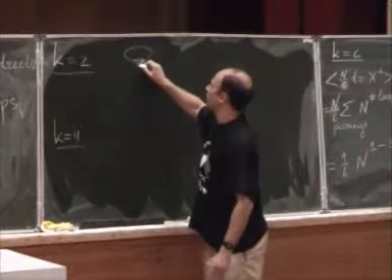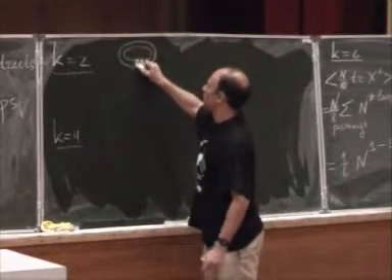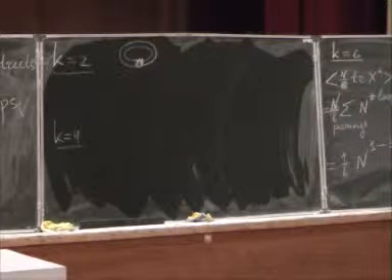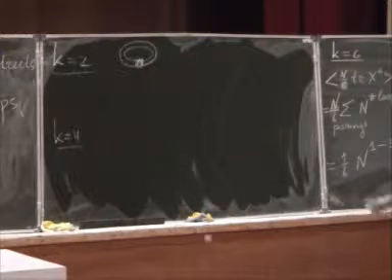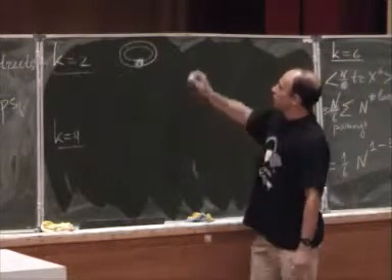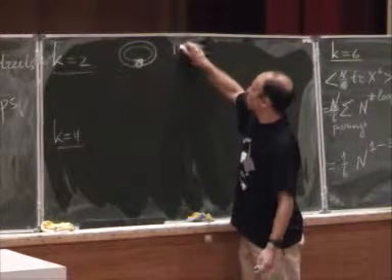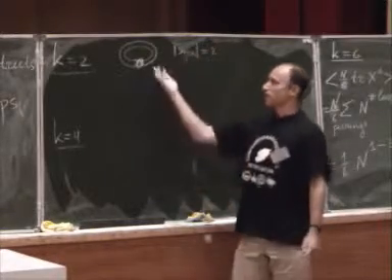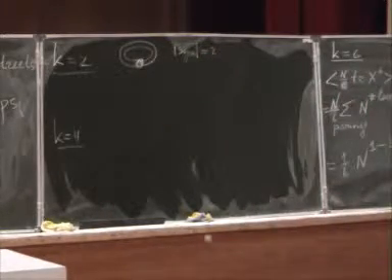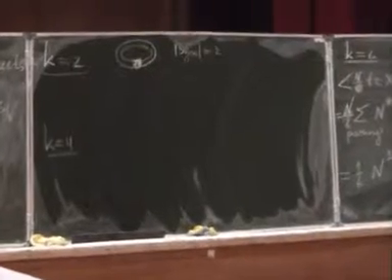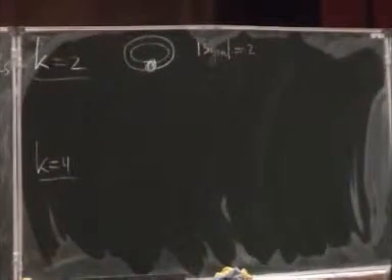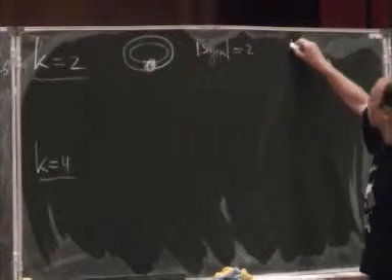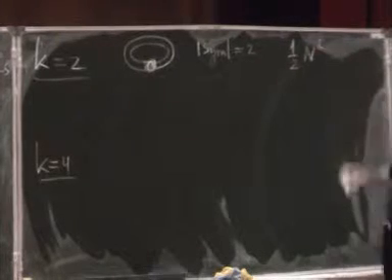Maybe I'll draw it as a ribbon graph. You can see 2 closed loops, and when you glue disks to both loops you obtain a sphere. And this graph has symmetries of order 2, right? Because you can turn it by 180 degrees. So this will give you the contribution of 1/2 n squared.